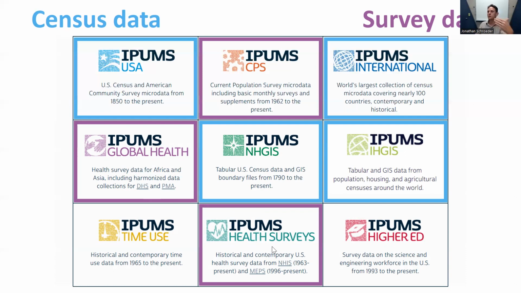In the US health surveys data, there's very limited geographic information, but you can get really rich detail about responses across a wide variety of health-related questions from that product. So if you're interested in that, please check it out. I won't be talking about that too much more today.